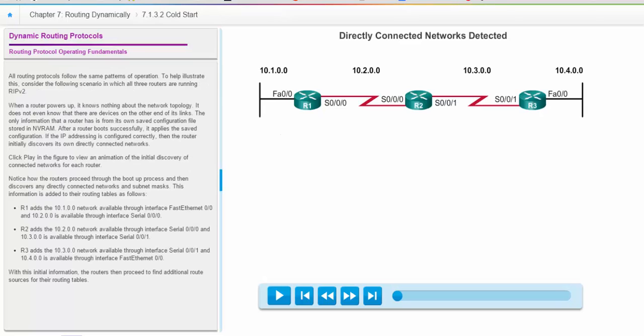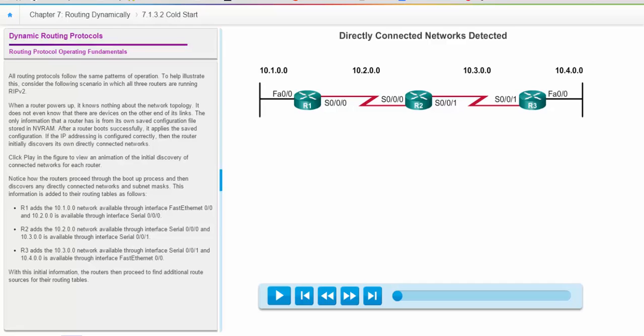All of our routing protocols follow the same pattern of operation. When a router powers up, it knows nothing about the network topology, so it's going to have to learn it. It doesn't even know that there are other devices, other endpoints, other links. It only has the information that's in the configuration file stored in NVRAM.